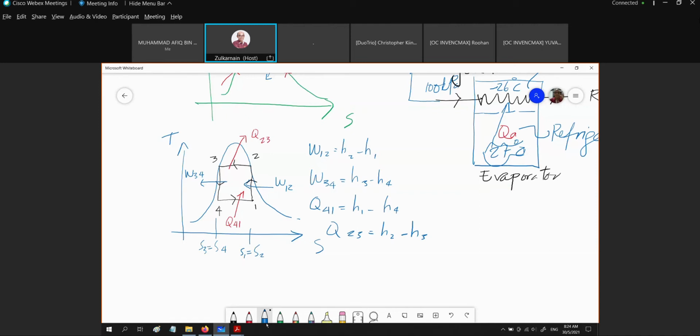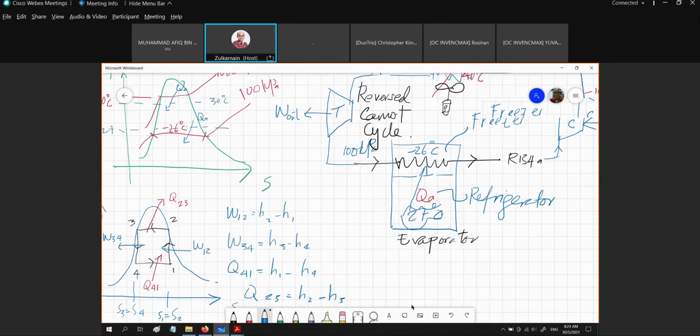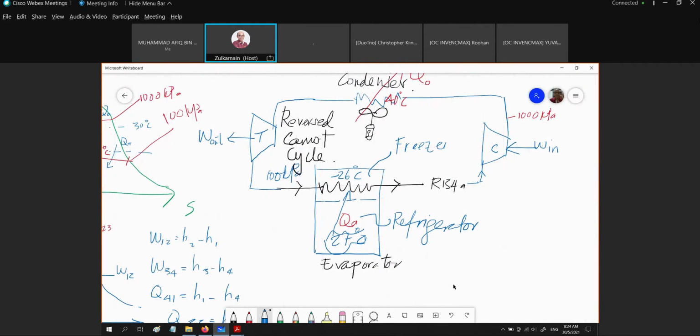Okay, so the cooling effect that we have is 4 to 1. If you want to have a cold space, then we need to put it at the process of 4 to 1. So if we write the states on this schematic diagram, this is state 1, this is state 2, this is state 3, and this is state 4.